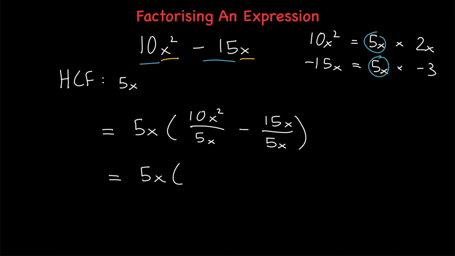X squared divided by x is just x. And then minus 15 divided by 5 is 3, and x divided by x is 1, so we don't need to write anything else there. And so then this here is the answer and the factorized form of this expression here. And that covers factorizing by taking out a common factor.